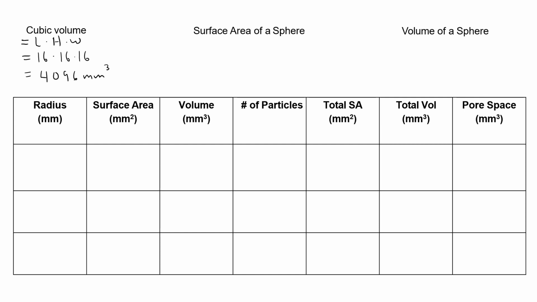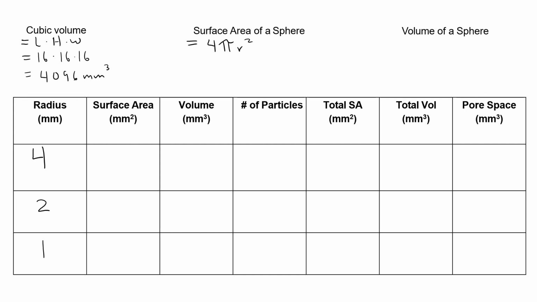And I said we're going to consider 3 examples. So we had the radius of a large particle, a medium particle, and a very small particle: 4, 2, and 1. So we can calculate the surface area of a sphere as equal to 4 pi r squared.